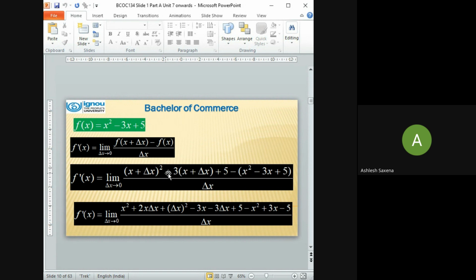Open it. What it looks like: x square plus 2x delta x plus delta x whole square minus 3x minus 3 delta x plus 5 minus x square plus 3x minus 5, divided by delta x.